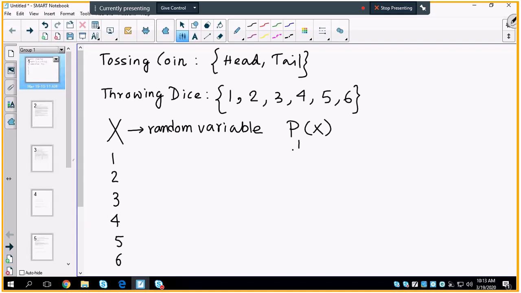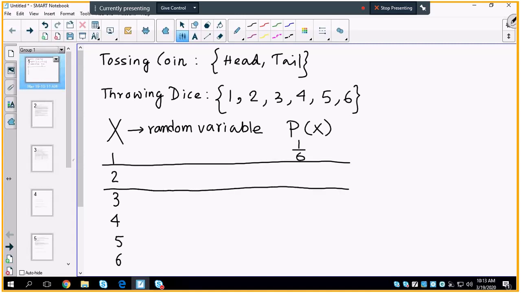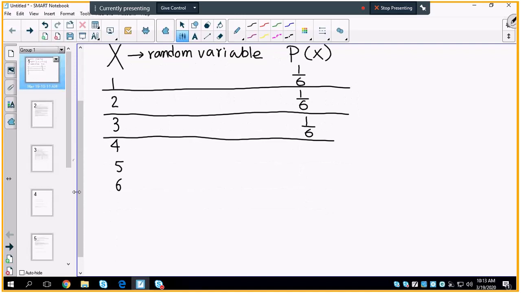So the random variable value 1 is associated with its probability 1/6. Similarly, for the value 2 the probability doesn't change; it's still 1/6. As you can imagine, all the probabilities for this random variable will be 1/6.